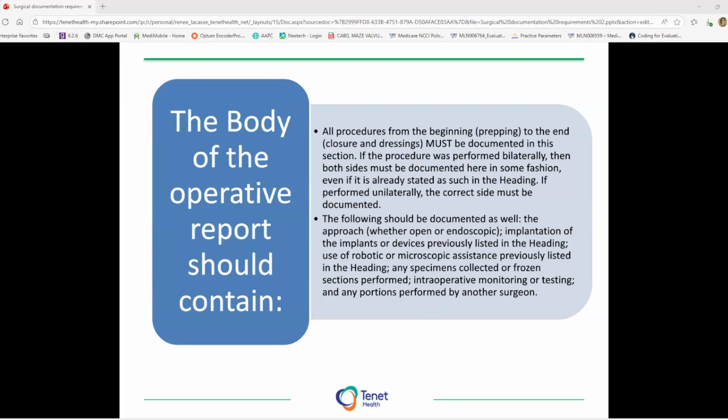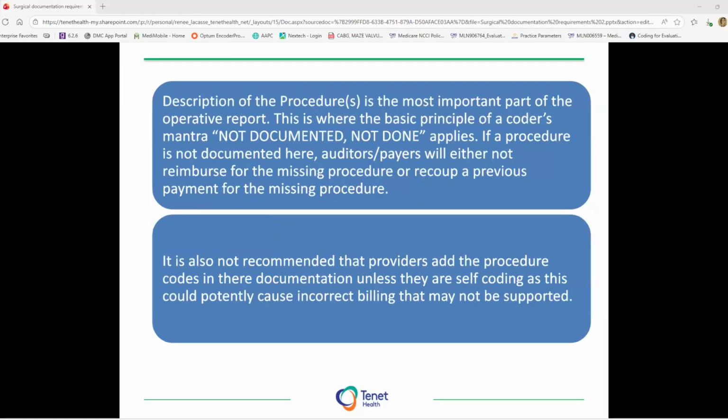Any specimens that were collected, samples or frozen sections that were performed, any intraoperative checks or tests, and document any portion performed by another surgeon. This is crucial. We'll go over this when we go over co-surgeons, but this is really crucial. So just keep this in the back of your mind.